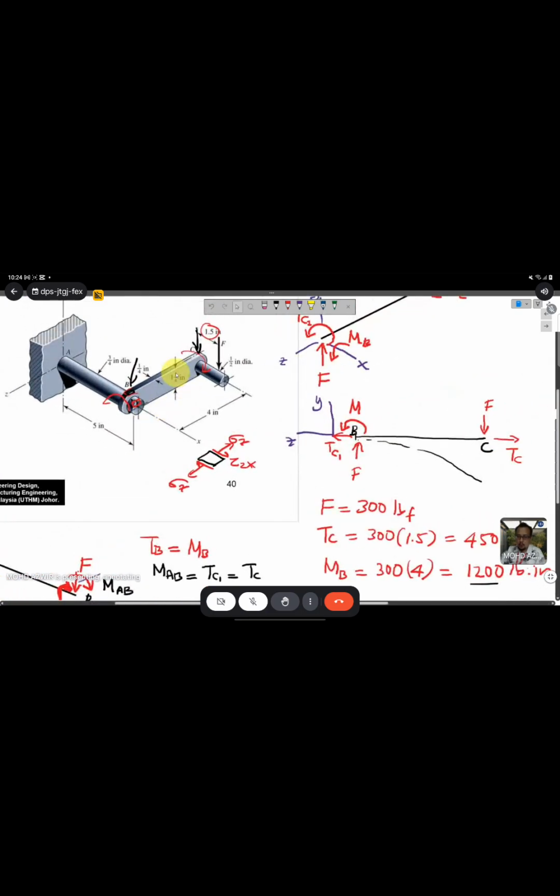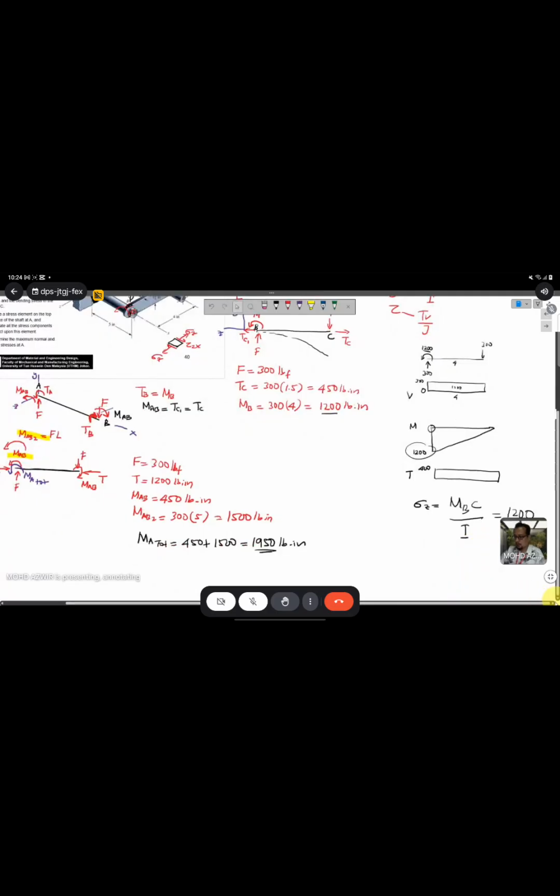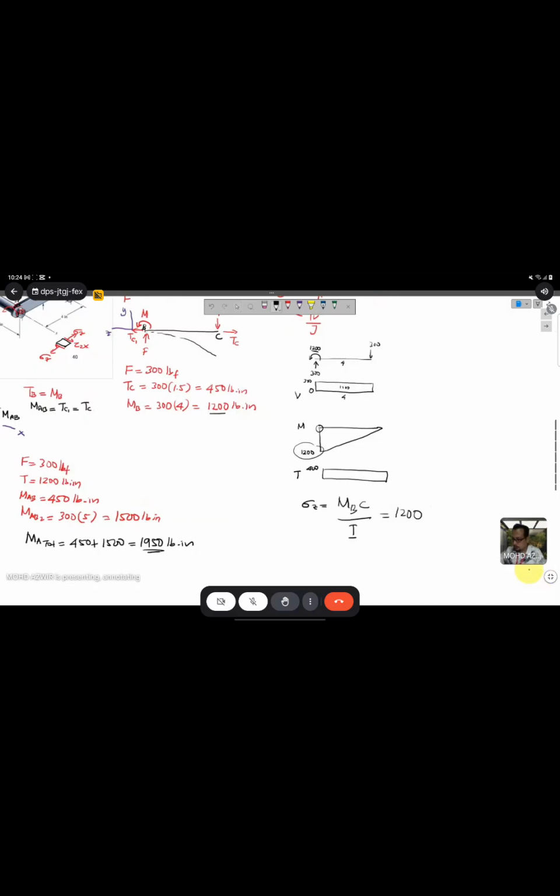And C is the distance to the neutral axis. This one is 1 over 4, so C is half of these two, 1.25 over 2.